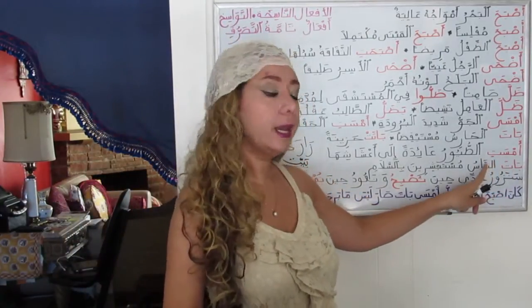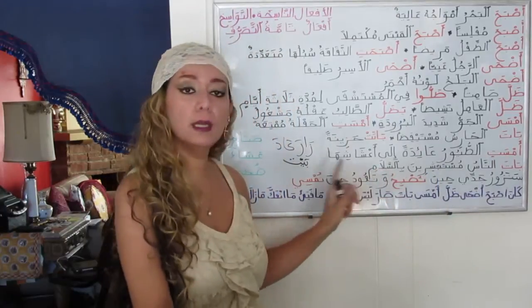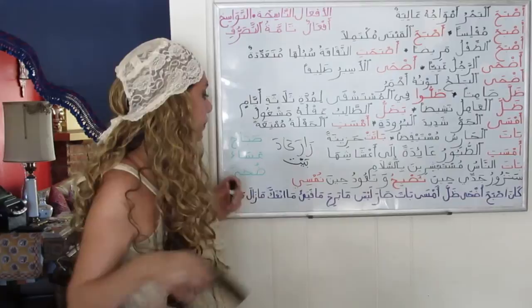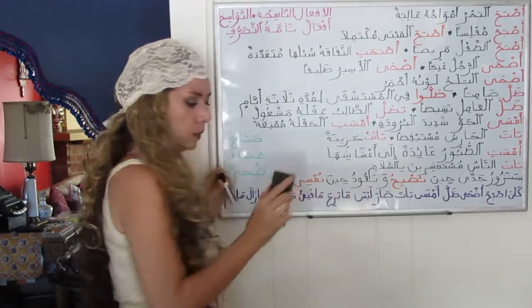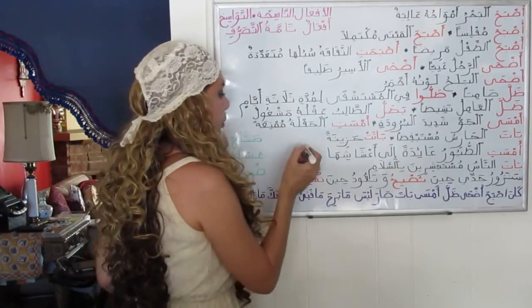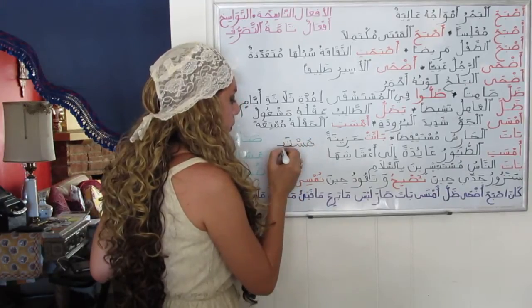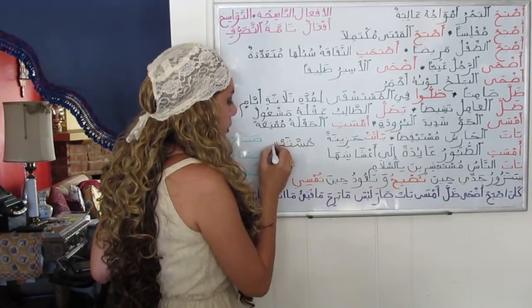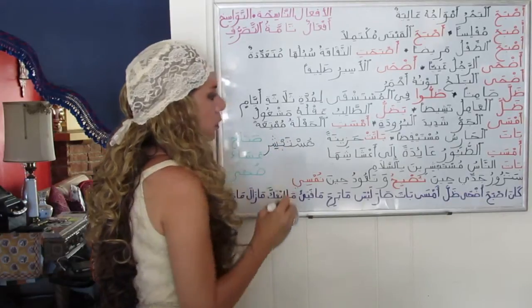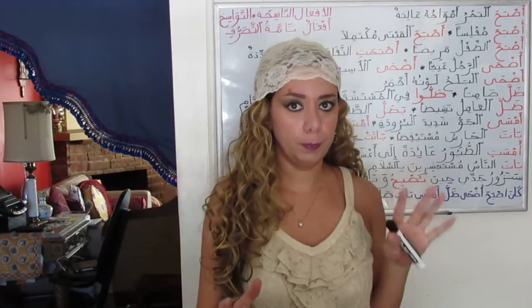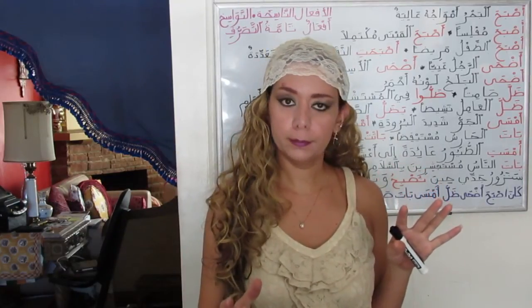بات الناس مستبشرين بالسلام. مستبشر means happy. مستبشر, joyful, happy. So, people have become happy with peace when?